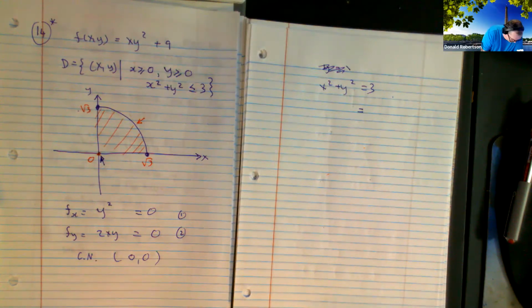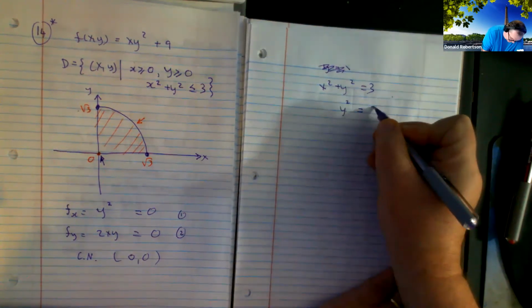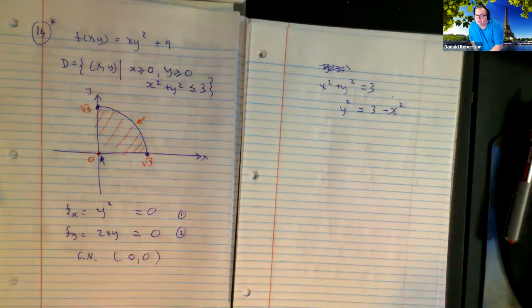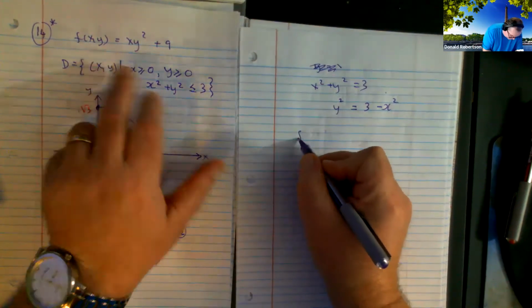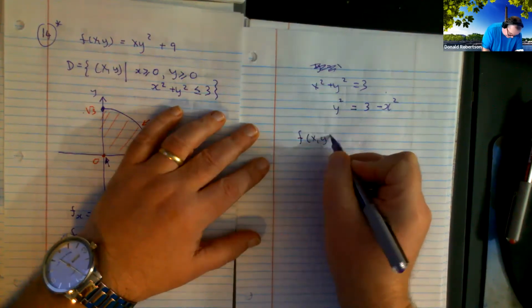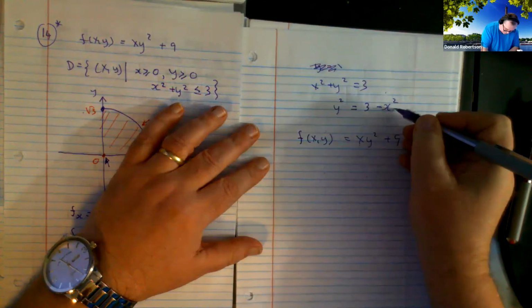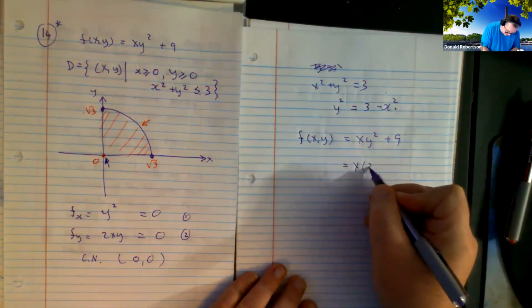Okay, I won't give you the question then. I am going to rewrite y as 3 minus x squared. Would you agree that's true? And then you go to your original function and you will say, this guy, when y squared is that, becomes this guy.